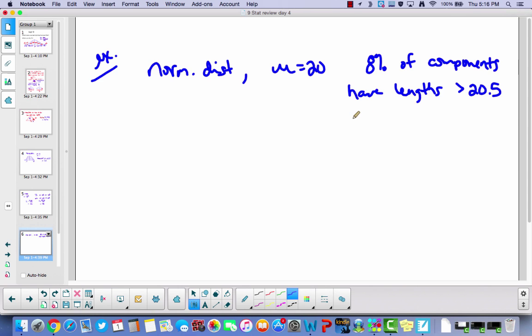And we want to know what is our standard deviation. Remember, if we wanted to know the variance, what would we do to the standard deviation? Right, we'd square it. All right, so let's draw our picture.